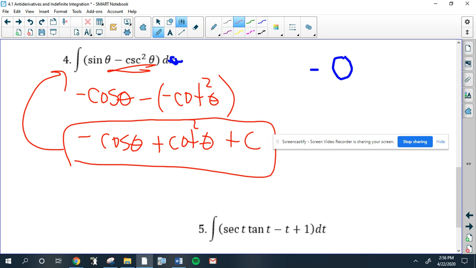The integral of cosecant squared is not cotangent squared. The integral of cosecant squared is just negative cotangent. I didn't look at my chart, I guess. So let me erase this. There was my mistake. I'll mark it at minus 1. Here's my corrected answer. Now when I take the derivative of cotangent, I do get negative cosecant squared, and it checks. That's the importance of checking.